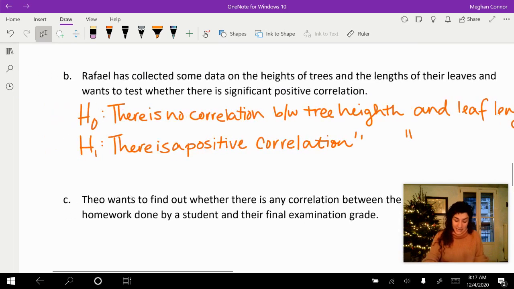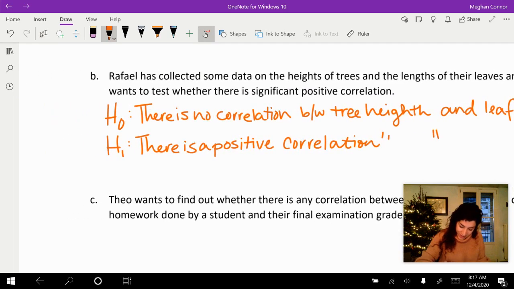I want you to take a second and tell me whether you think this is a one-tailed or two-tailed test. Because the rejection of the null hypothesis leads us very specifically to a positive correlation, this is a one-tailed test.